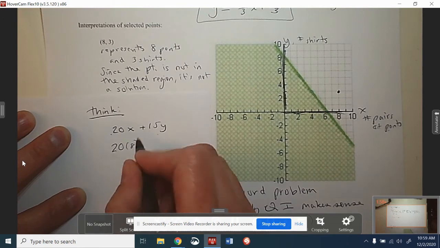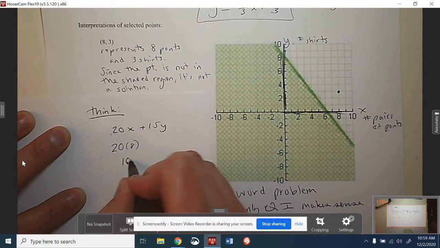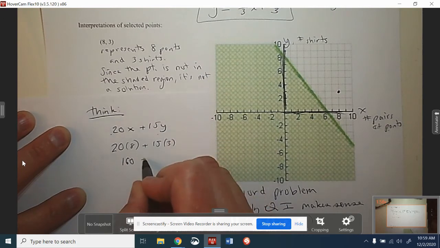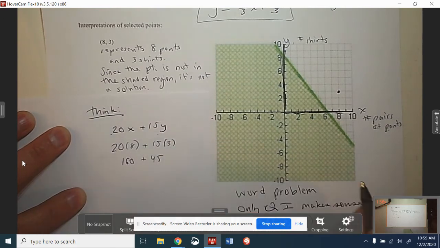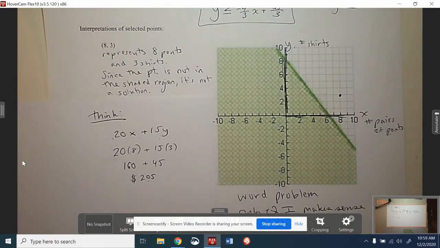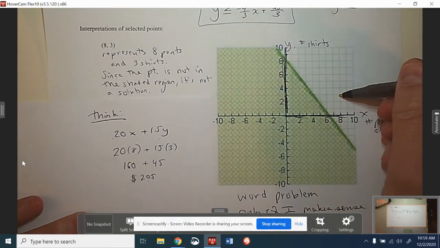If we were to buy 8 pairs of pants, that would be $160 on pants. And if we were to buy 3 shirts, that would be $45 on shirts. The total there is $205. That's more than we have to spend. The most that we had to spend was $125. That's what it said in the word problem. We can't spend more than $125.